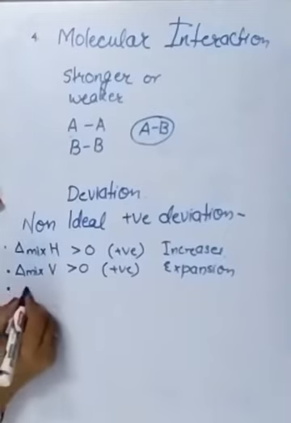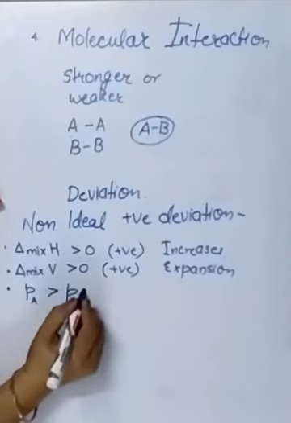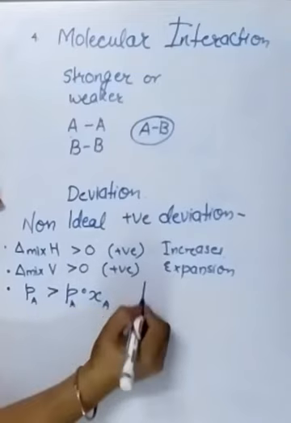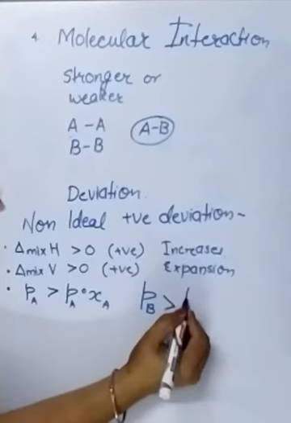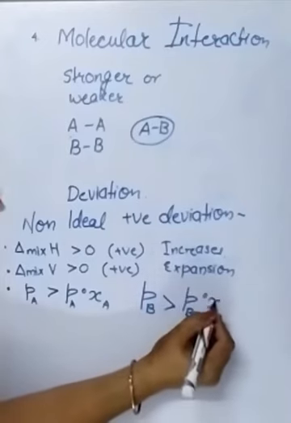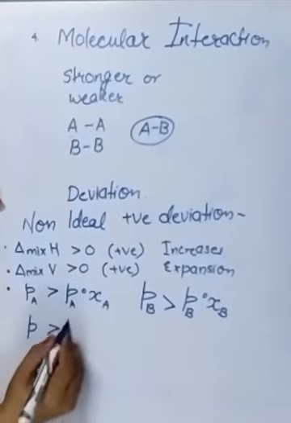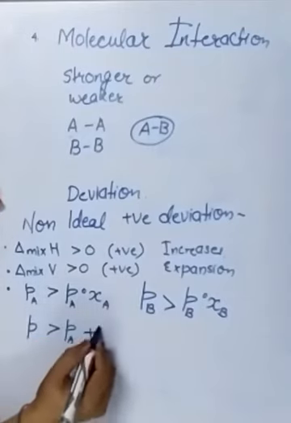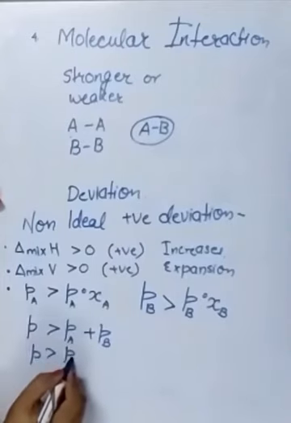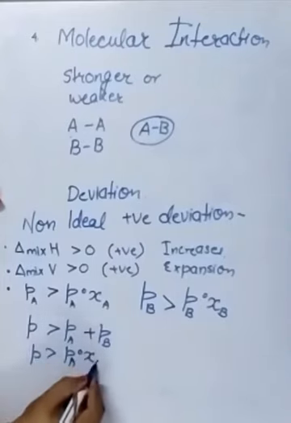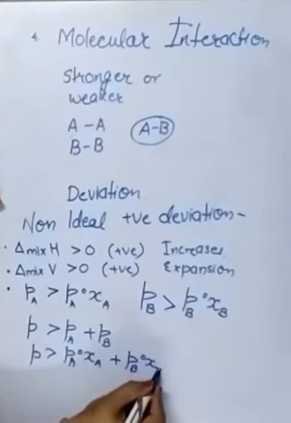We see that for Raoult's law, Pa is greater than Pa naught Xa, Pb is greater than Pb naught Xb. So P will be greater than Pa plus Pb. Hence P will be greater than Pa naught Xa plus Pb naught Xb.